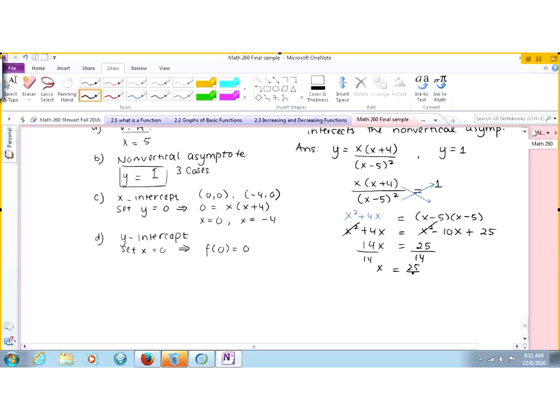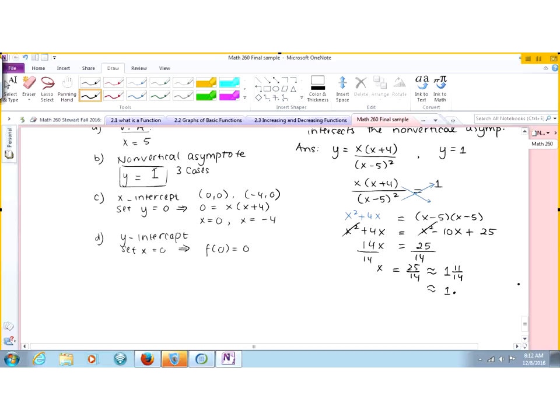So x is equal to 25 over 14, which is approximately what? What is it in decimal? 1.8 or 1.7?